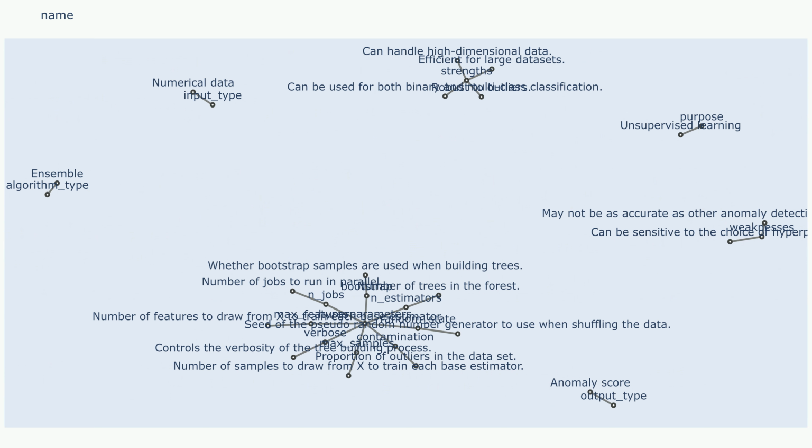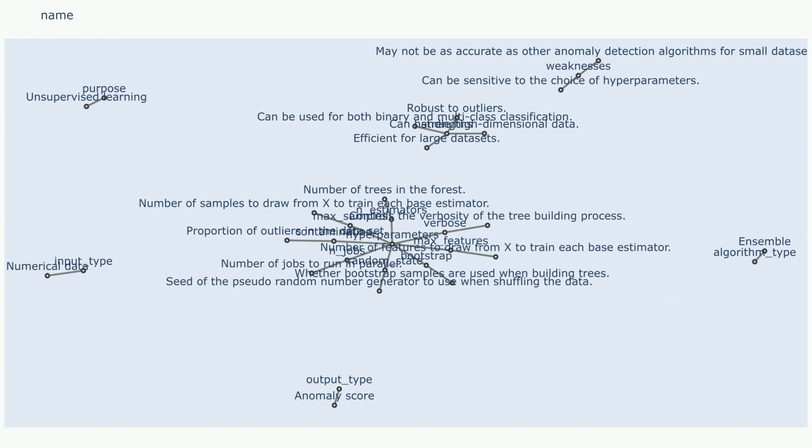Non-parametric: the algorithm does not require prior assumptions about the underlying data distribution, making it suitable for complex and diverse datasets. Interpretability: the decision paths within isolation trees can be visualized to gain insights into the factors contributing to anomaly detection.